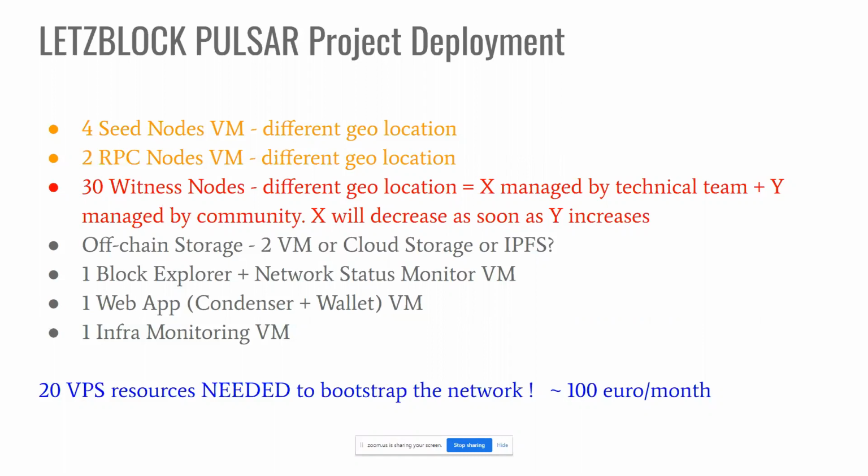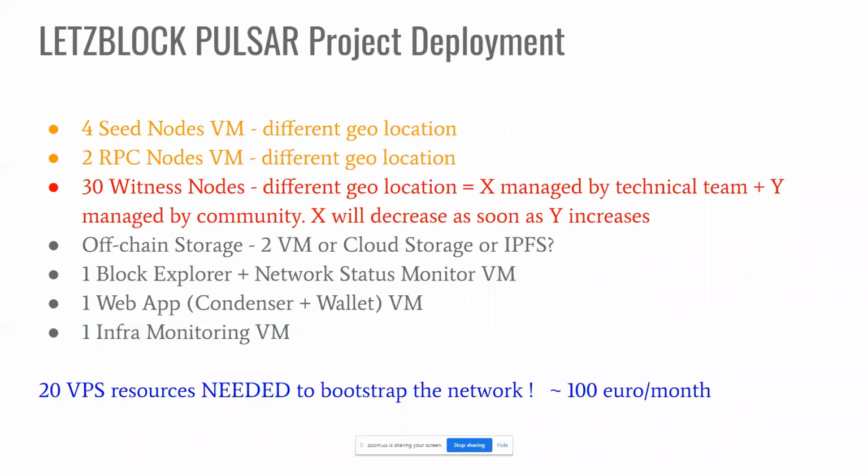Our initial recommendation is to start with a safe number of witness nodes, to be sure that we can bootstrap the network in a proper way. We suggest starting with X number of nodes managed by the technical team plus Y number of nodes managed by the community.